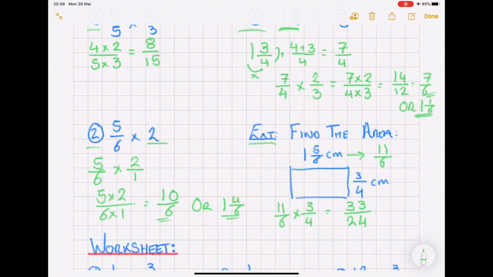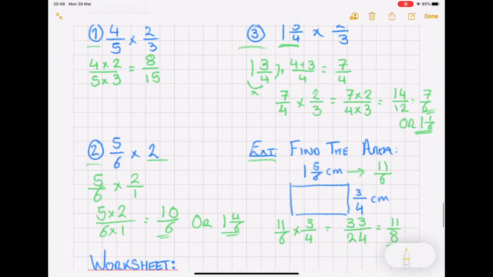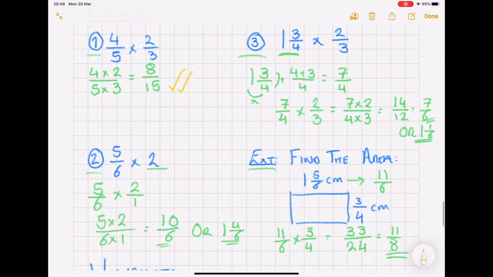Now we can divide both of these by 3 to get 11 over 8. The units are centimetres squared. Okay, that's our final answer there. If you got all those, or whatever ones you got, come back up and give yourself some nice ticks for those.